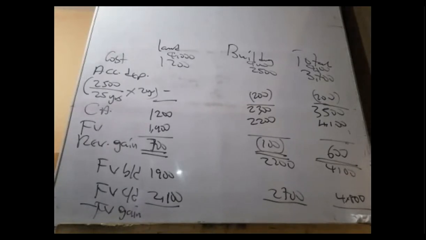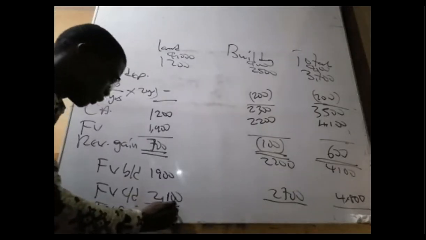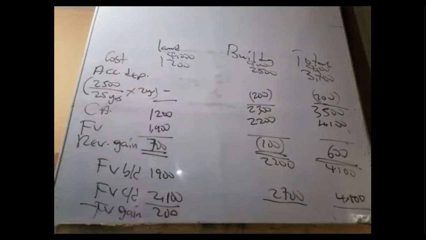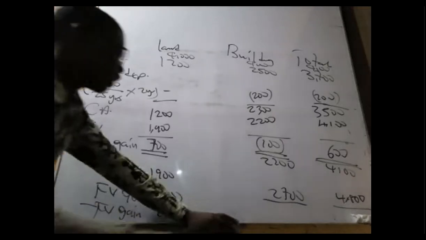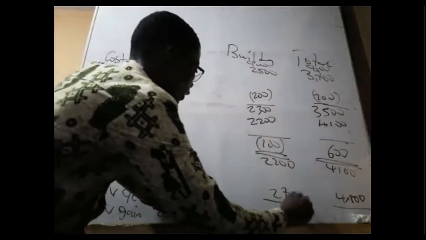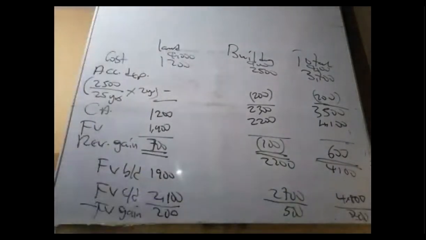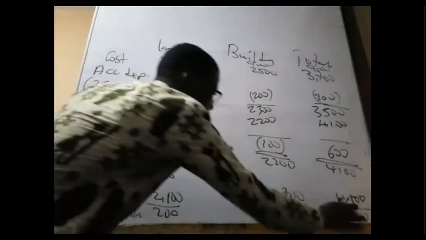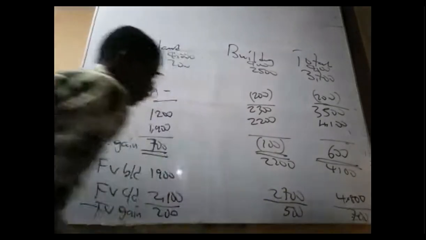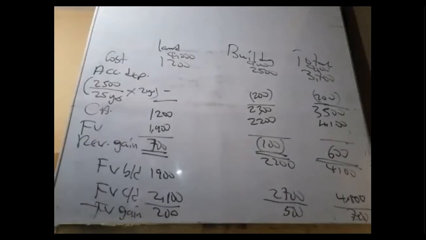Fair value gain on investment property. Good, so that's 200. Then finally, this one is a gain of what? 500, giving us a total of 700. That is all. Now we are done.